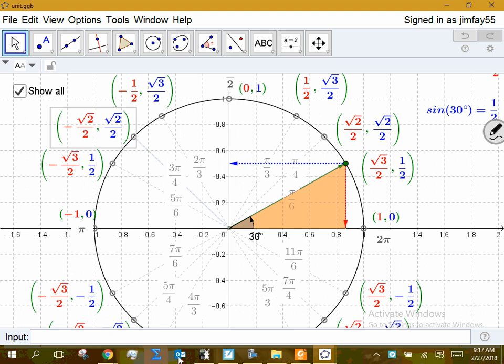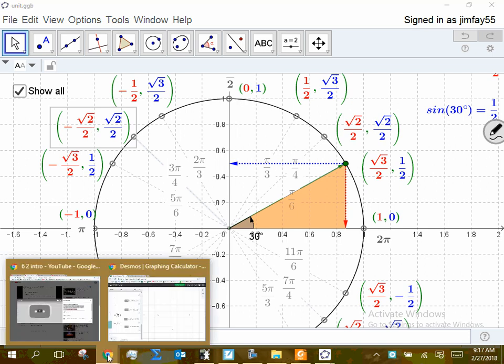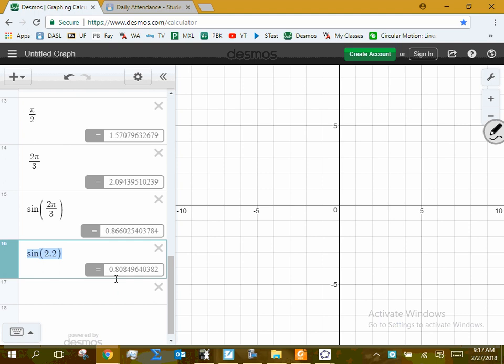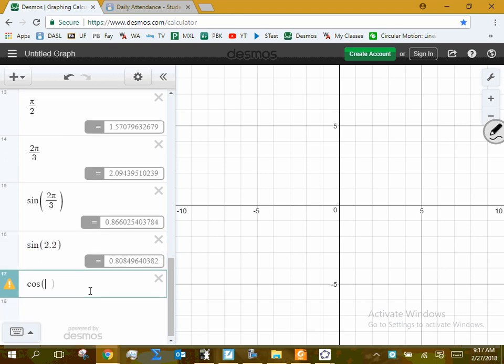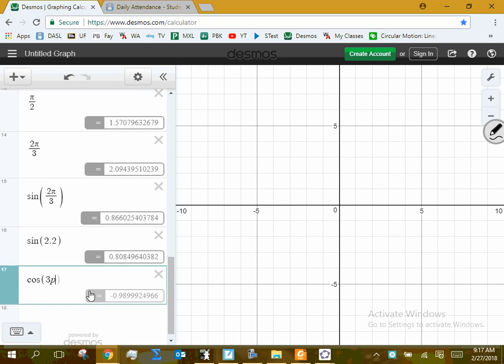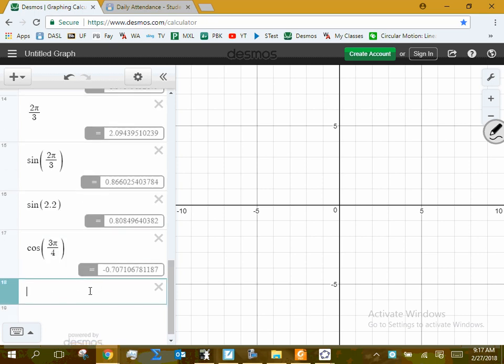And if you type that in, cosine of 3 pi over 4, you see that does give me negative. Okay, that's a negative there. And then 0.707 is radical 2 over 2. Okay? Is that all right with everybody?